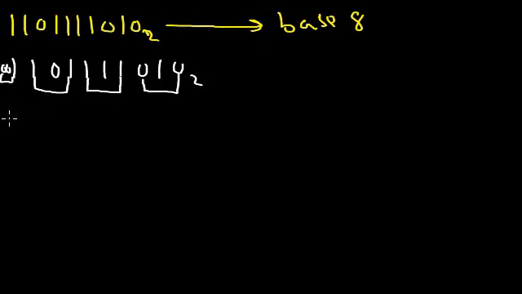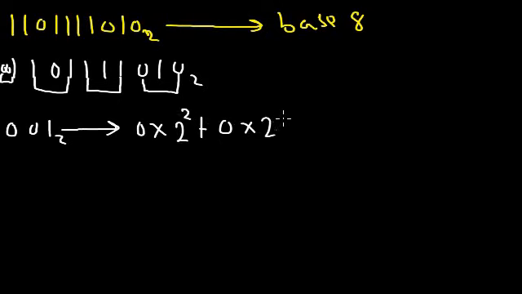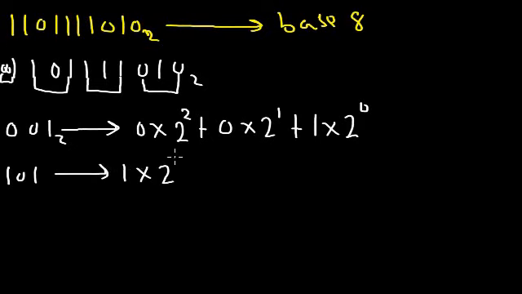So for 0, 0, 1, that should correspond to 0 times 2 raised to the power of 2 plus 0 times 2 raised to the power of 1 plus 1 times 2 raised to the power of 0. For 101, that corresponds to 1 times 2 raised to the power of 2 plus 0 times 2 raised to the power of 1 plus 1 times 2 raised to the power of 0.